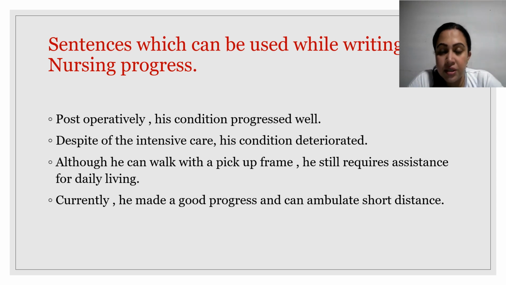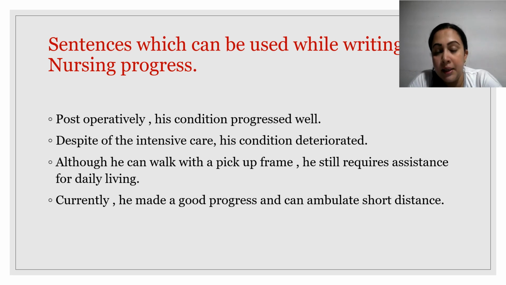So in such situations, the sentence formation can be made like this. Another one: although he can walk with a pick-up frame, he still requires assistance for daily living. That is a passive voice. We are saying two opposite things: although he can walk with a pick-up frame, but what is the problem? He requires assistance for daily living.